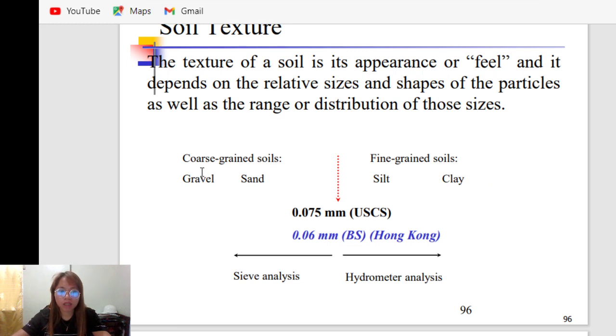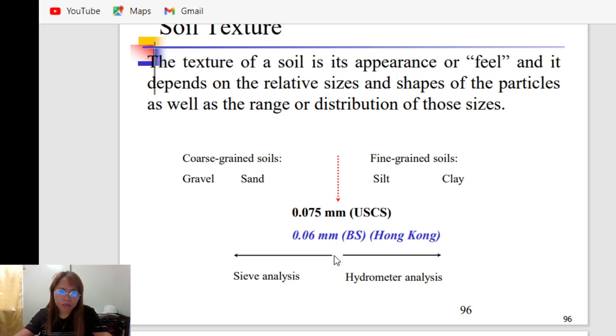We have the two types of coarse grain, the gravel and sand, and the fine grain, the silt and clay. The boundary between the coarse grain soils and fine grain soils from the USCS is 0.075 millimeter, while from the British standard it is 0.06 millimeter.